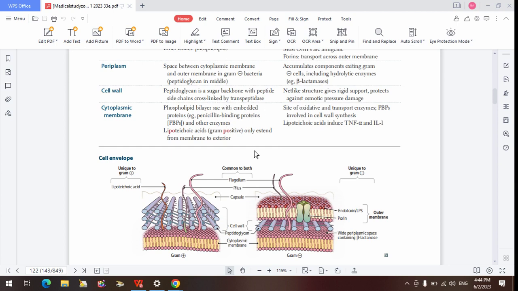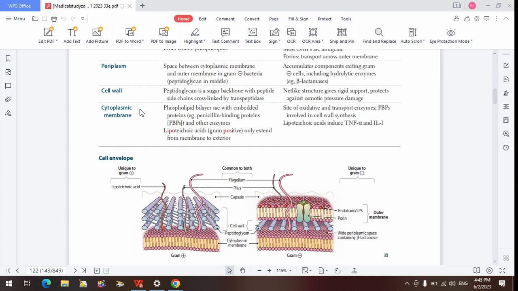We'll talk about it when we get to the drug section. But always remember that penicillin inhibits transpeptidase activity, which allows for formation of peptide bonds between the protein structures of our peptidoglycan. The peptidoglycan cell wall provides rigid support, protecting against osmotic damage. So if you place it in a hypertonic or hypotonic environment, the cell doesn't burst because of the peptidoglycan.